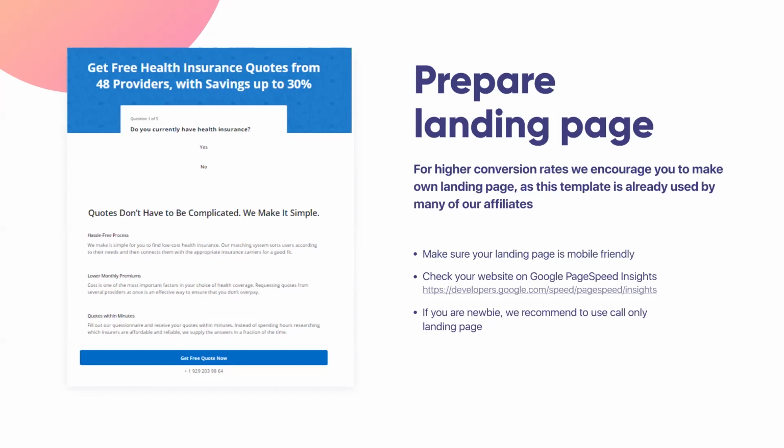For high conversion rates, we always encourage you to make your own landing pages, because this one is used by our affiliates. And if different affiliates use the same landing page, users who have already been on it won't convert on this landing page from another affiliate. So try to make a unique page.